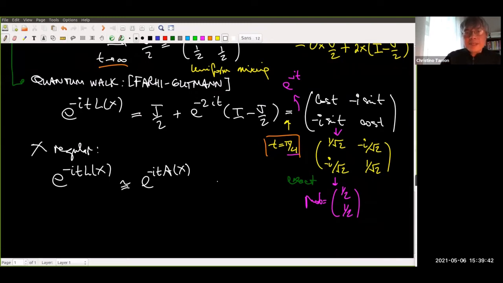Okay, so I guess what I'd like to ask, so question. I think some of you know the answer of this. But do you know of an example of a non-regular graph with Laplacian uniform mixing?